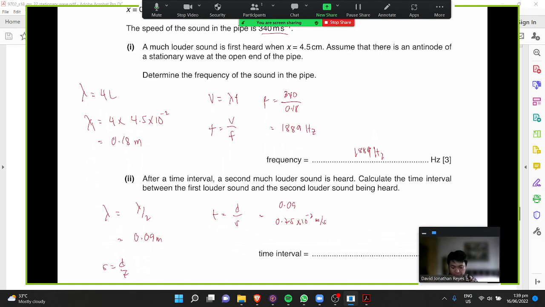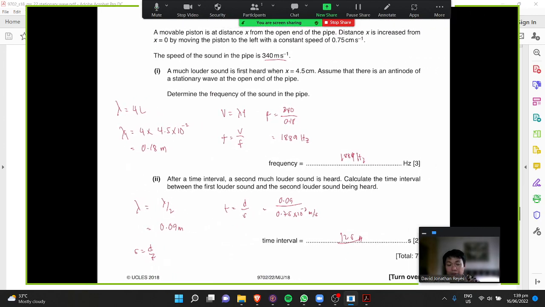Okay, so divide these two values. 0.09 divided by 0.75 times 10 to the negative 2. You will get a time interval of a good 12 seconds. That's how you answer this question.